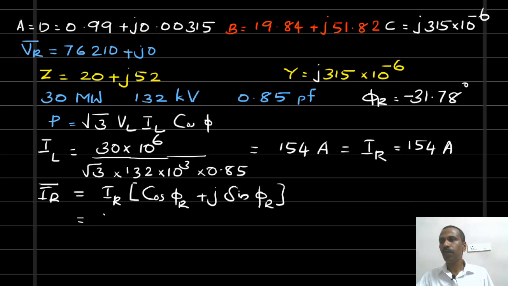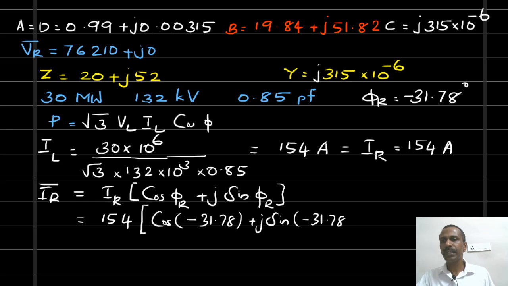That's equal to 154 into cos minus 31.78 plus j sin minus 31.78. So this is equal to 131 minus j81.62 amperes.